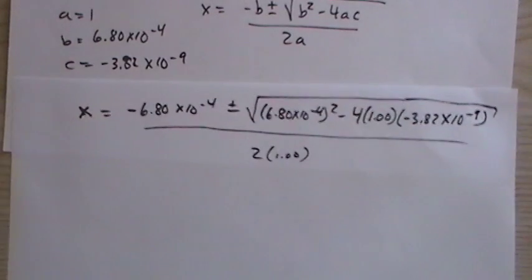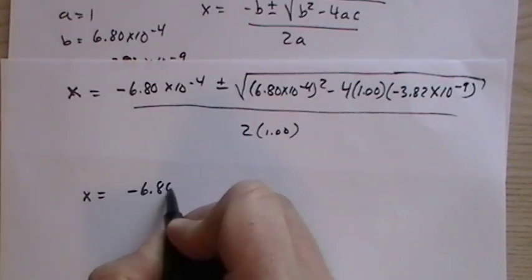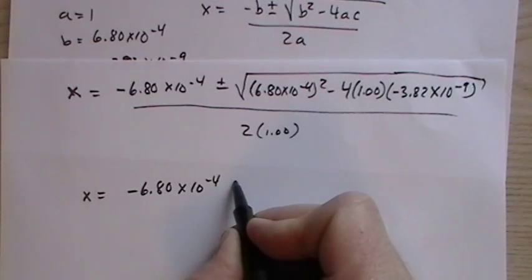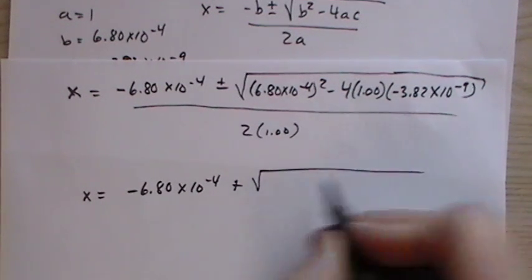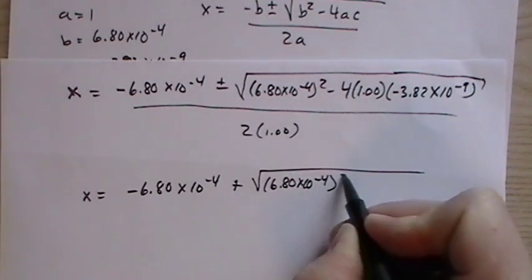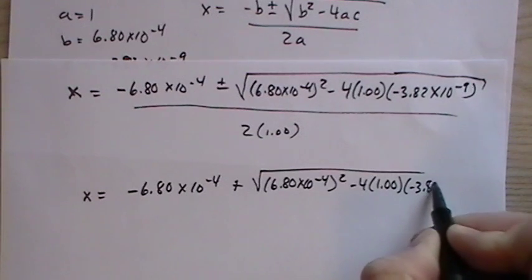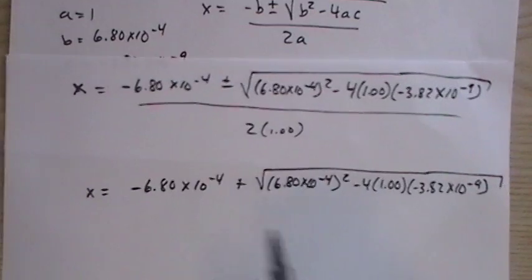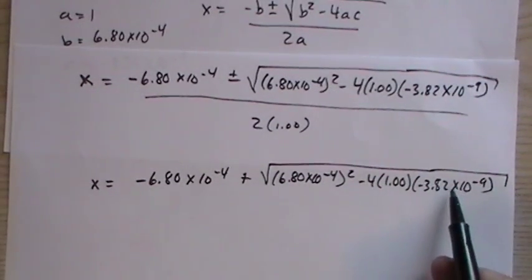So let's break it up. We have x is equal to negative 6.80 times 10 to the minus 4 plus the square root of, 1 minus 3.82. Now, a couple of things here I'm looking at. This number is negative, so this term cannot be negative overall.